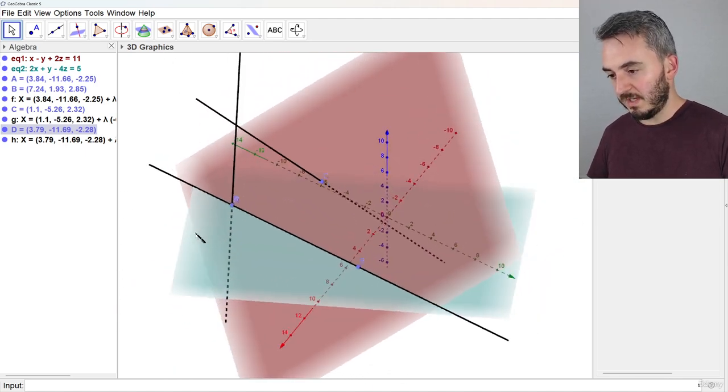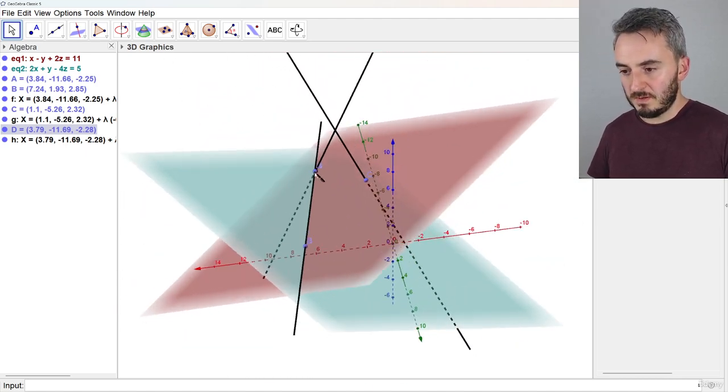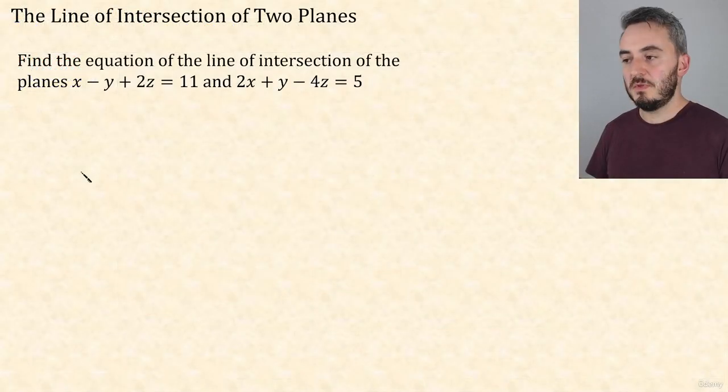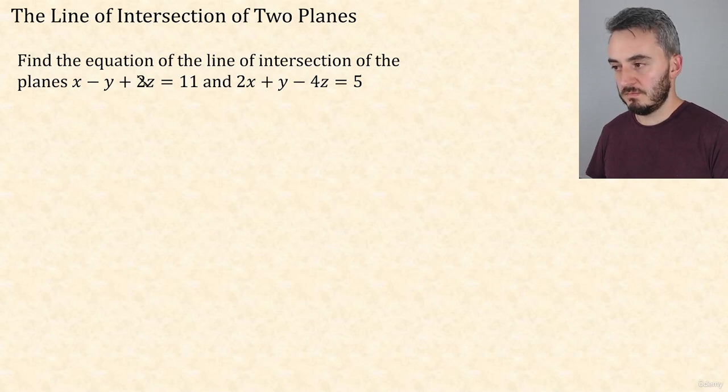So the direction of this line of intersection can be found by finding a line which is perpendicular to the perpendiculars of each plane. I've said perpendicular a lot of times in a row, but hopefully when we work through the algebra it will become clear. So the perpendicular of the first plane is just 1, minus 1, 2.